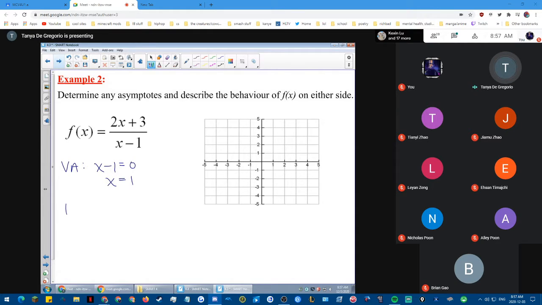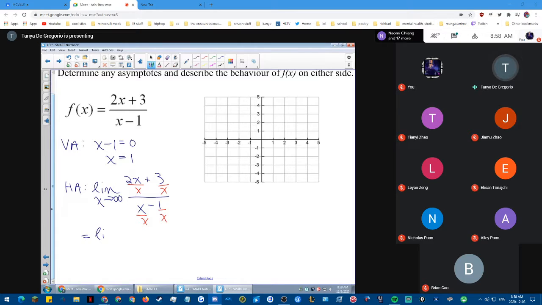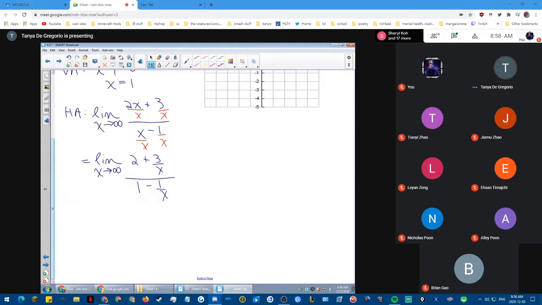There's your vertical asymptote. Horizontal asymptote, we take the limit as x approaches infinity of your function. Okay, and I divide by the highest power of x. And I can conclude that approaches 0, that approaches 0.